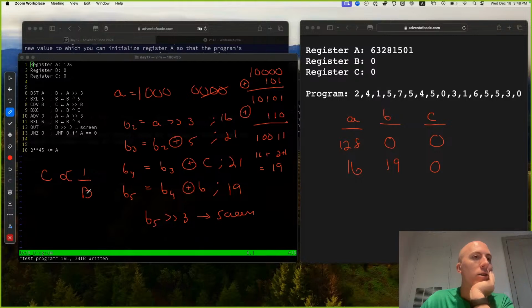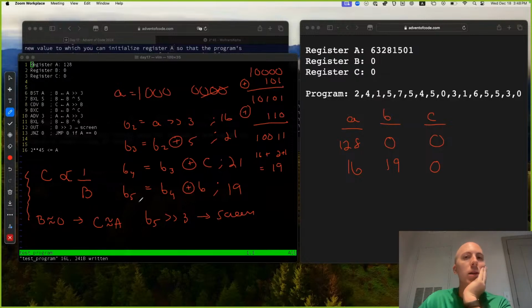If B is small, then C is big. Basically, let's do it with logic: B being close to 0 implies that C is close to A. So we know this relationship between C and B, I would say.